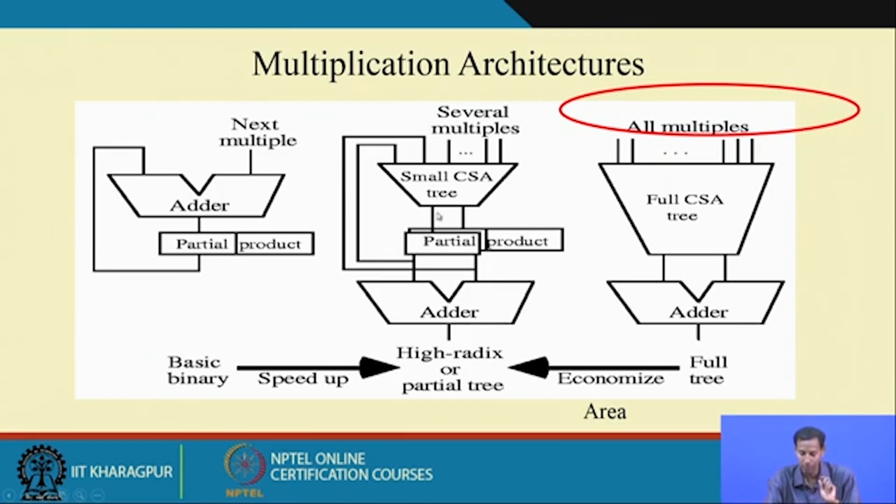In the first architecture, we consider single multiples and do the work serially. In the last architecture, we consider all the multiples and do the work in parallel. In this mixed architecture, we do some things in serial, and those serial parts run in parallel.